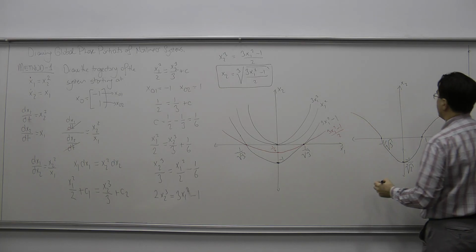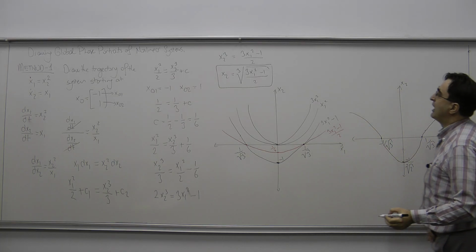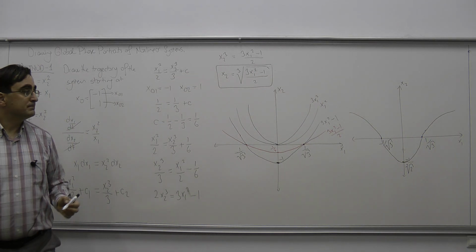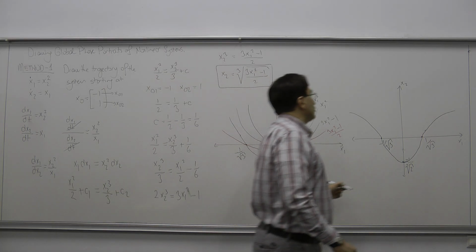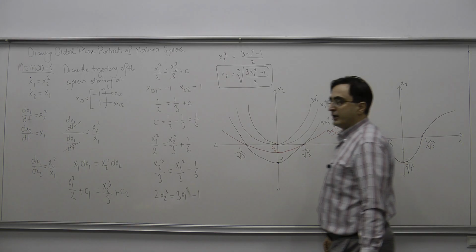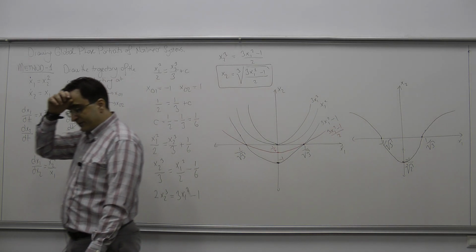Okay? This is because of the power of x1 when x1 goes to infinity. So this is my trajectory, an approximate trajectory for the example.